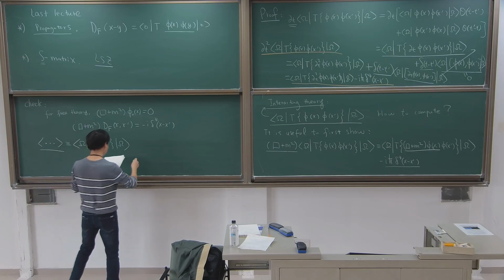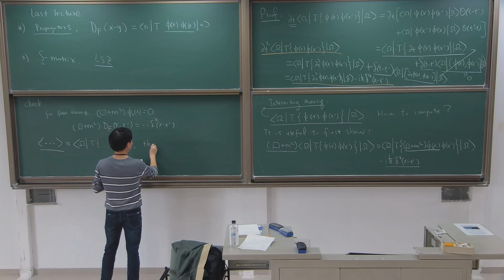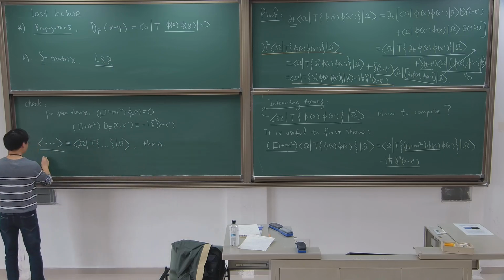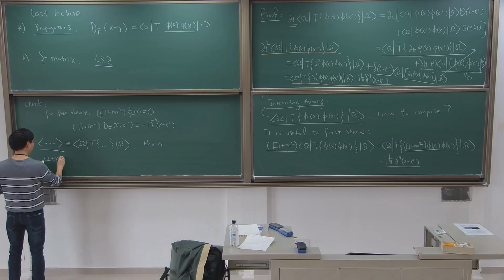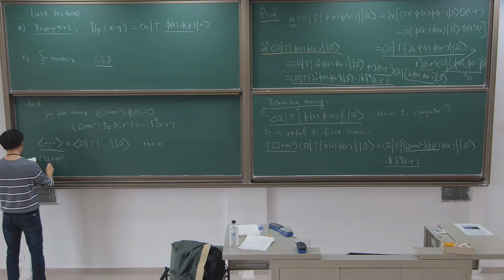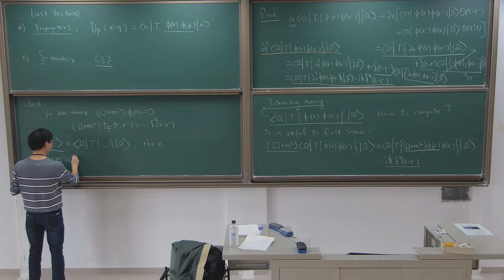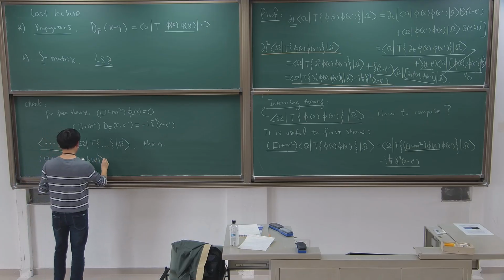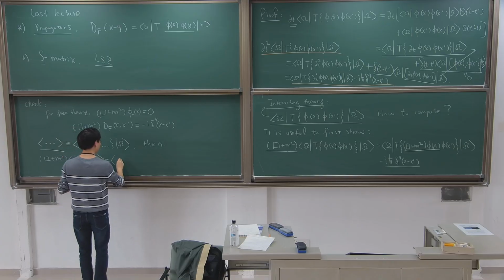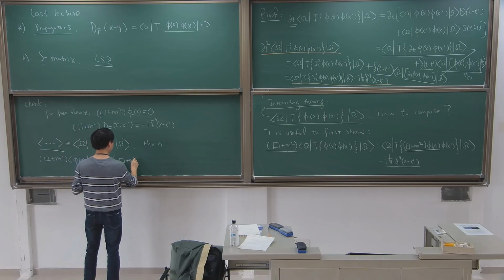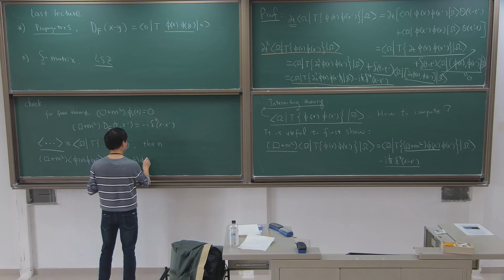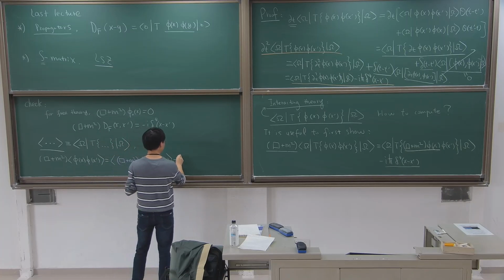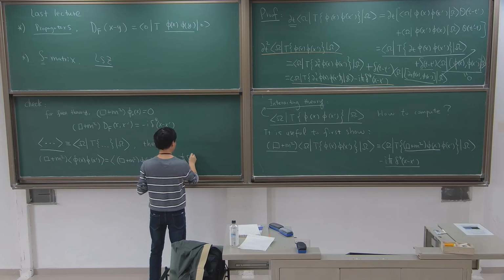Now, if we use this simple notation and rewrite that equation, it will just become phi x, box plus m squared, phi x x bar, minus i h bar.